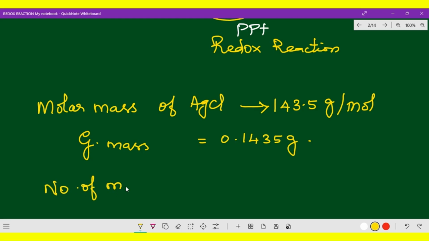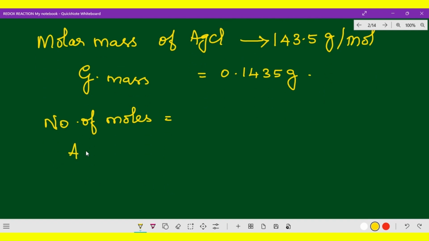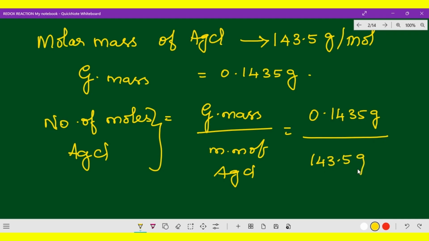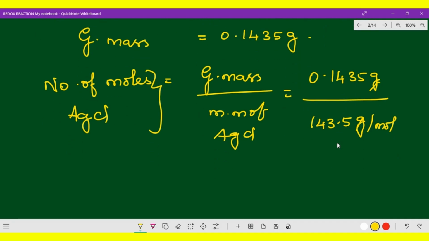The number of moles of AgCl is the given mass of AgCl divided by the molecular mass of AgCl, right? That is what we are finding. So the given mass is 0.1435 gram and the molecular mass is 143.5 gram per mole. Grams cancel, so you will get moles. So how many moles do you get when calculating?